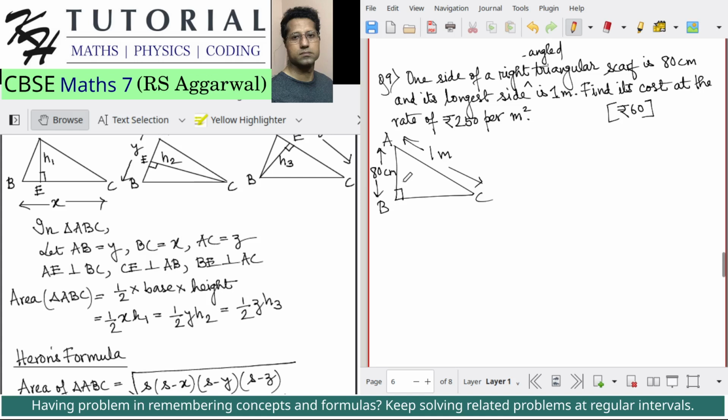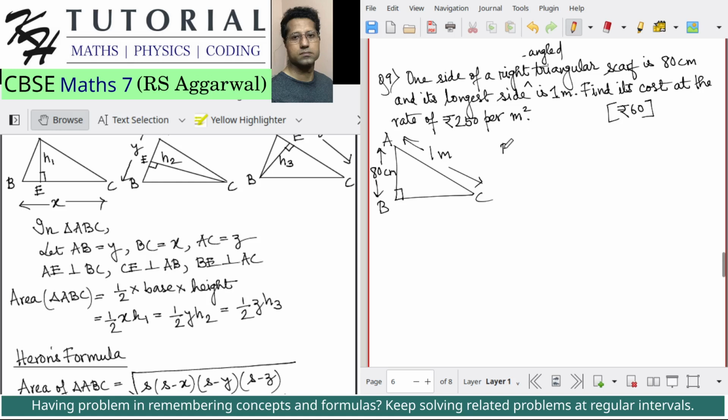Okay. Now, the hypotenuse is given and the one side is given. We have to find the other side. So let's convert. So first, using Pythagoras theorem, we have to find the base BC.